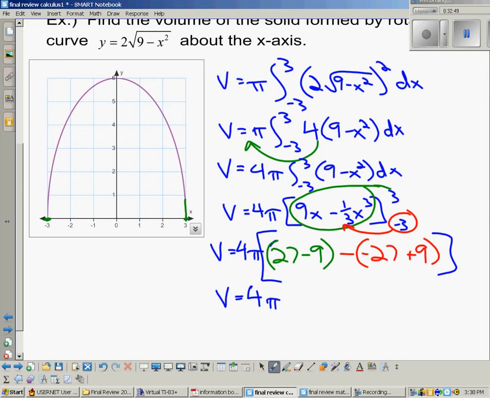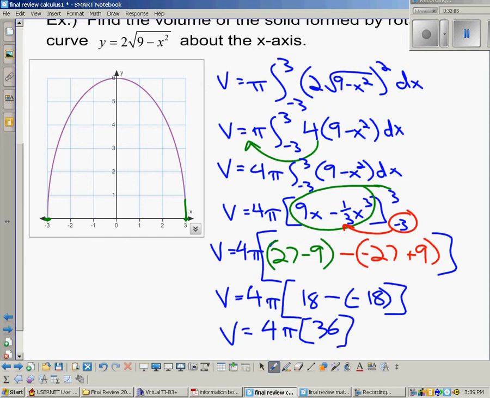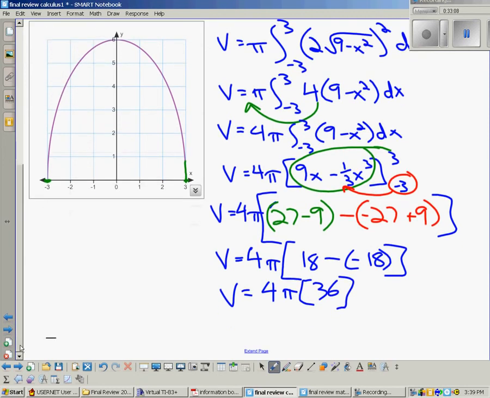So this would really be 27 minus 9 is 18, minus -27 plus 9 is -18. That's 4 pi times 36. And 4 times 36 is 144.